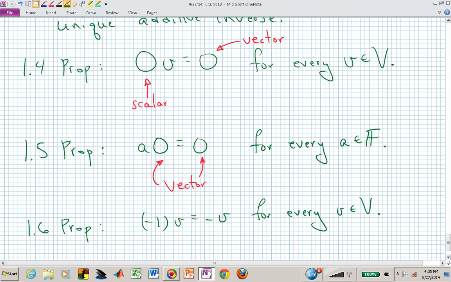We scale it by minus 1, and if you think of a directed line segment from the origin to some point in the plane, hitting it with minus 1 sends it in the opposite direction.